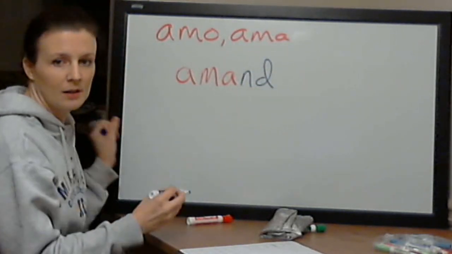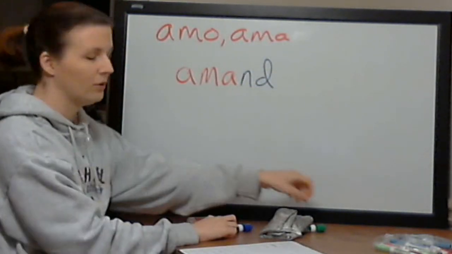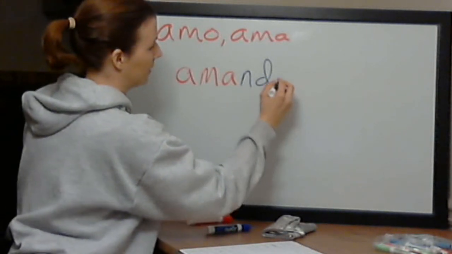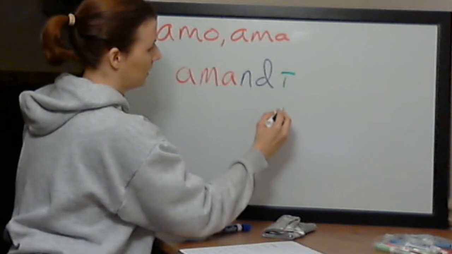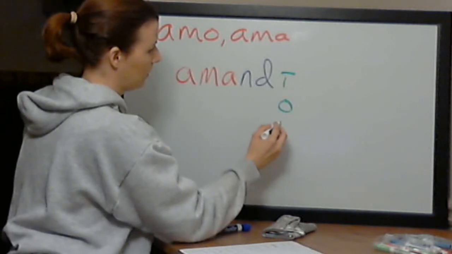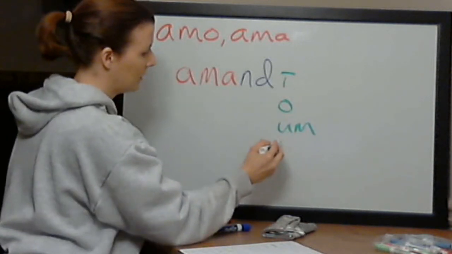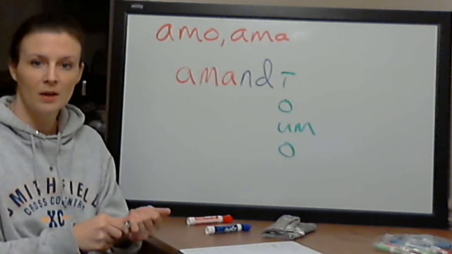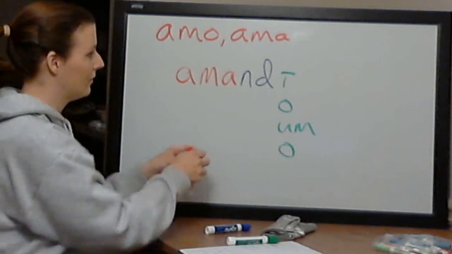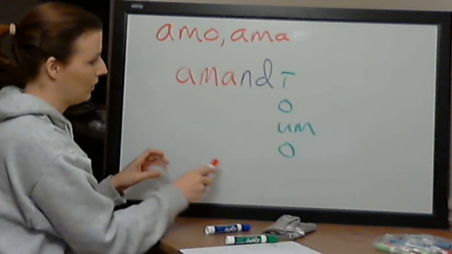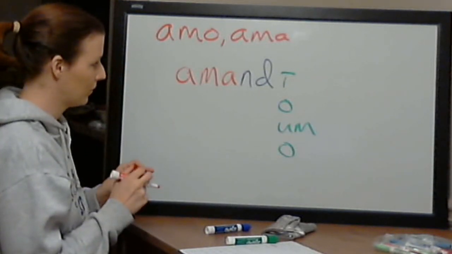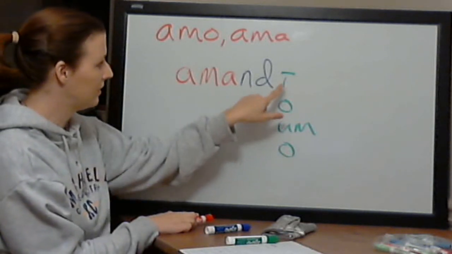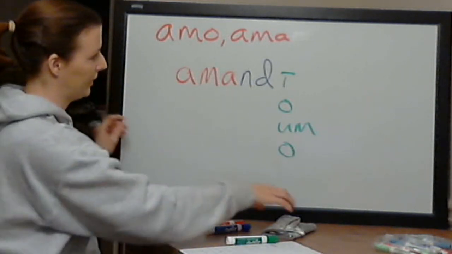And then after that, for a gerund, we're just going to look at gerund right now, you can add an i ending, you can add the dative o ending, you can add the accusative um ending, or the ablative o ending. There's no nominative form, but we do have the genitive, dative, accusative, and ablative singular forms. So your present stem, the letters nd, and then these four possible endings.